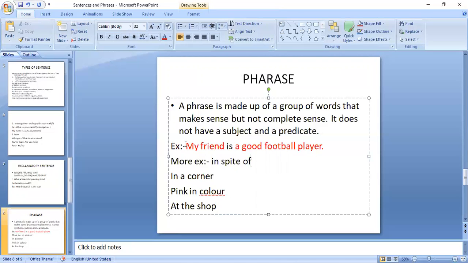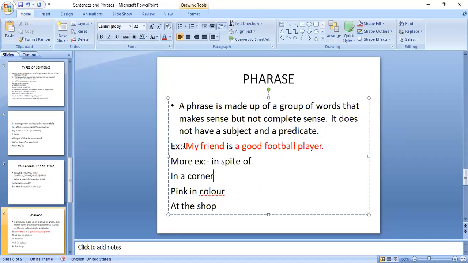Like that, here I have taken one example. My friend is a football player. Here, my friend is also giving us a meaning. And if I take a good football player, this is also a phrase. In this complete sentence, we got two phrases.